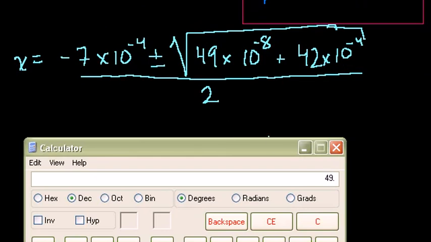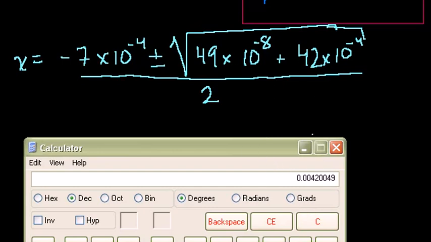So 49 e negative 8, that small number, plus 42 times 10 to the negative 4 is equal to that. So that's this value right here.